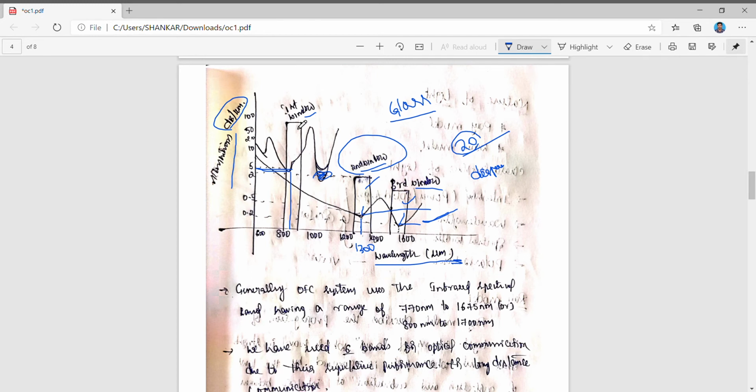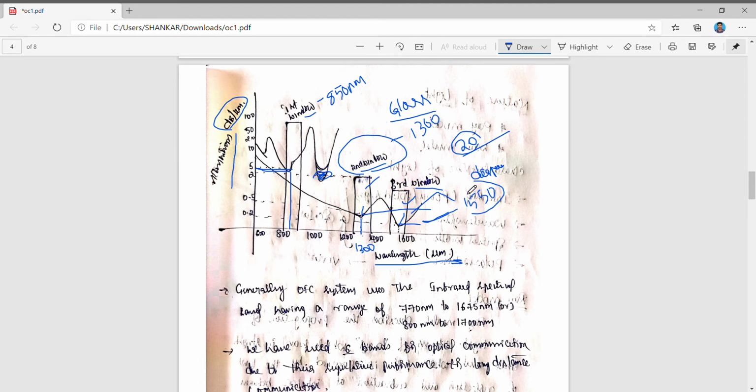So the first window has a wavelength of 850 nanometers, the second window has a range centered around 1300 nanometers, and the third window has a wavelength range of 1550 nanometers. Among these three windows, the most widely used wavelength is 1550 nanometers.